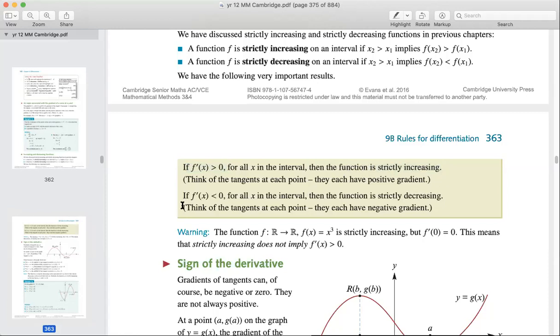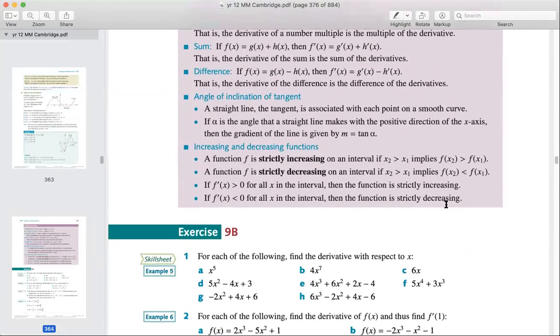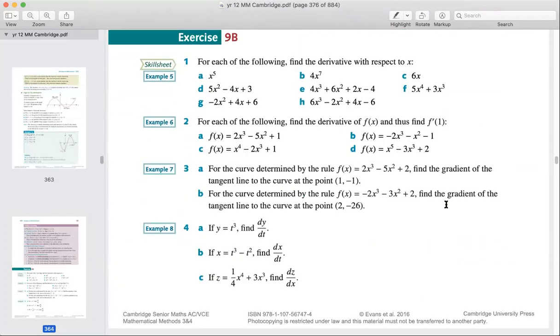And if my f dash x is less than 0, my whole function will be strictly decreasing. Okay, make sure you know that. And this part, again, will be emphasized in chapter 10, which is application of derivatives. Okay, and this is for 9b.